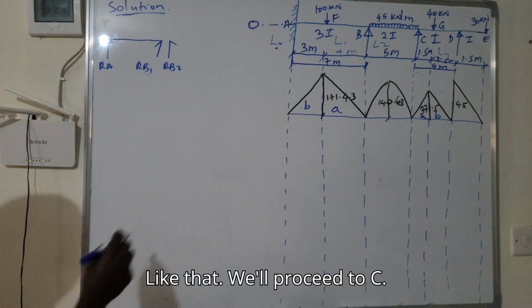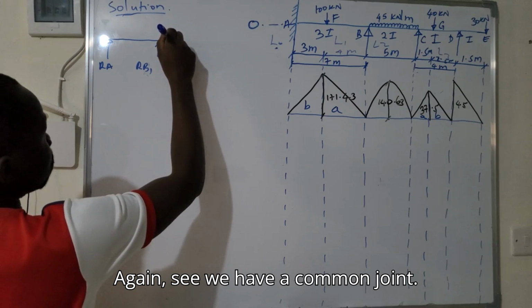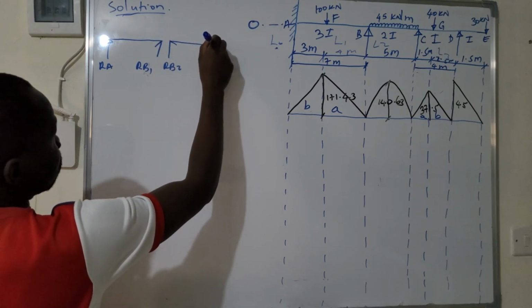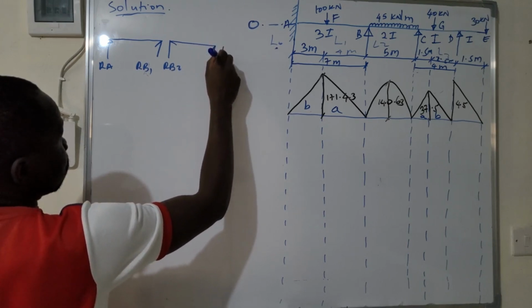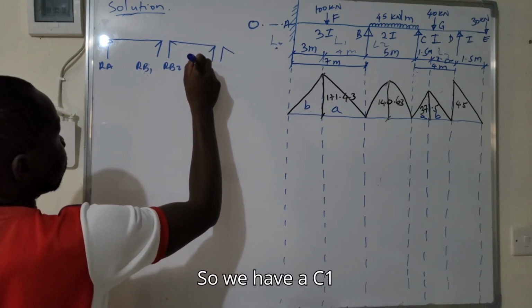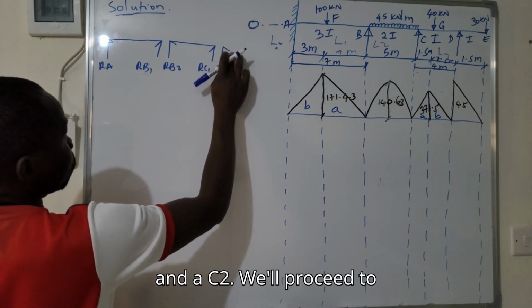We'll proceed to C. Again at C we have a common joint, so we have RC1, RC2.